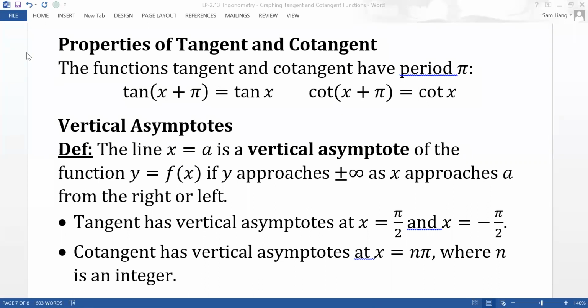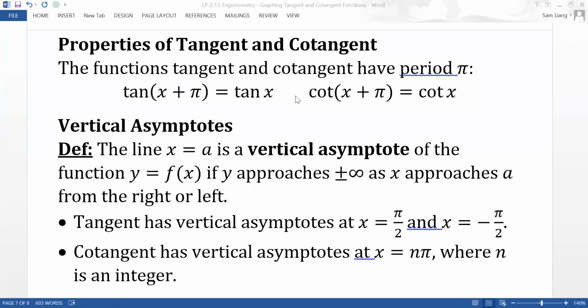Dorothy? Is the graph of cotangent like a reflection of the tangent graph over the line y equals x? Let me be careful in saying that. The line y equals x would mean they're inverses of each other, and no, that would not be the case, because the inverse of tangent would be arctan, tan to the negative first power.